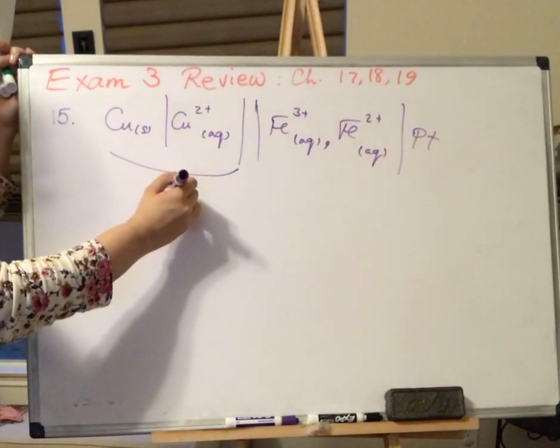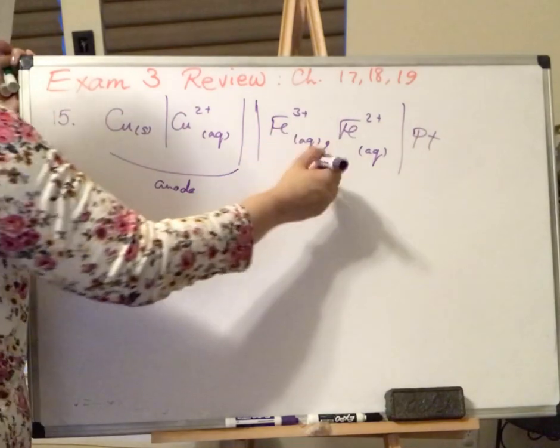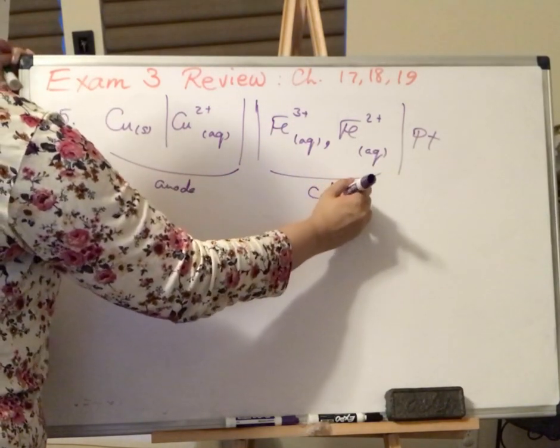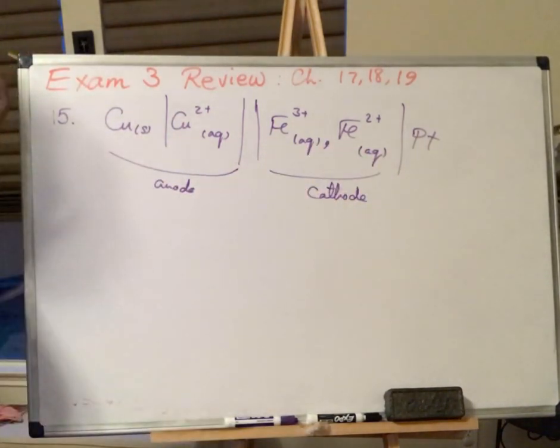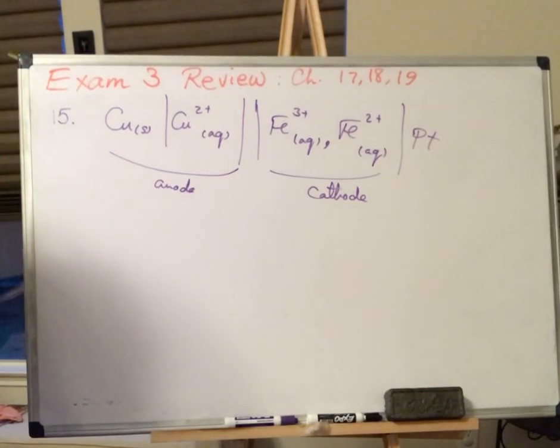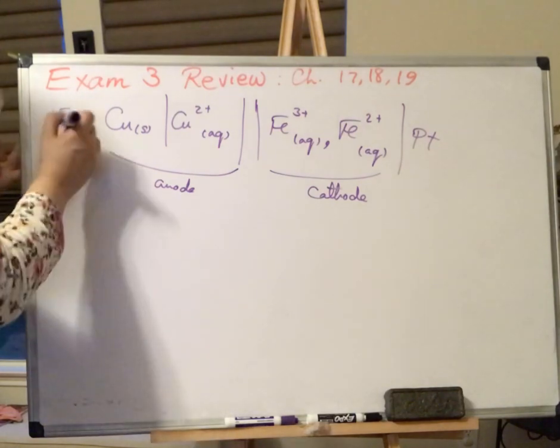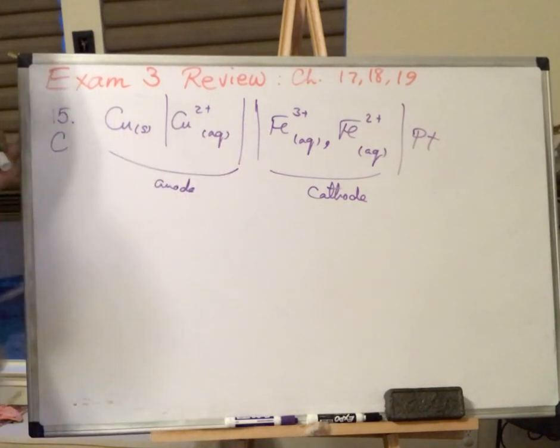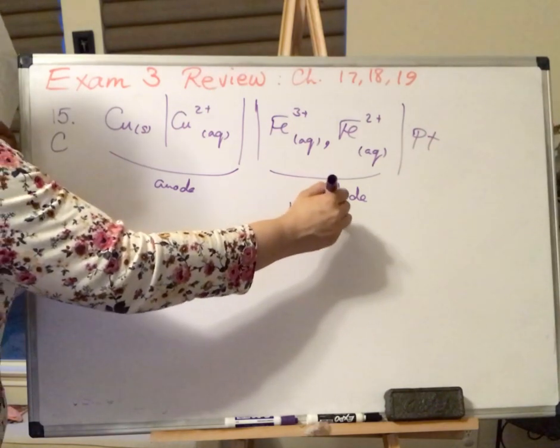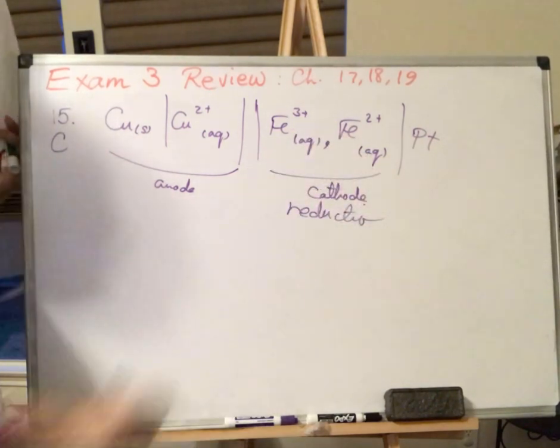It's the anode, right? And which side is this one? That's the cathode. So in the cathode, what happens? The reduction happens, right? So C is saying the reduction of Fe3+ takes place at the surface of platinum as the cell discharges. So C is the correct answer because the reduction happens in the cathode. The key was that. That's all, the reduction.